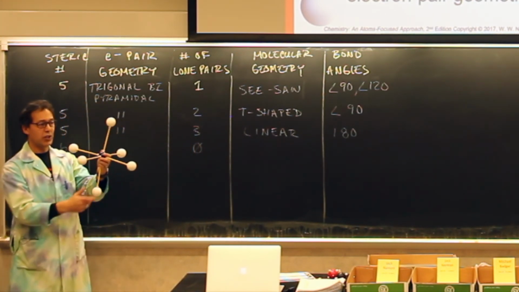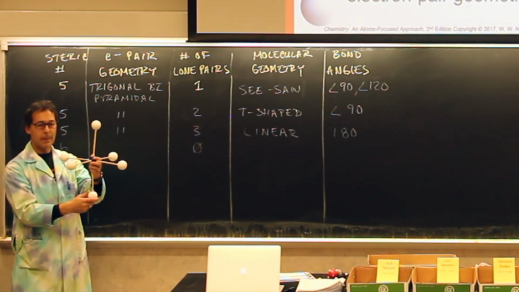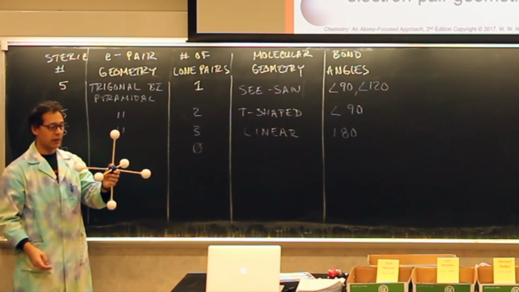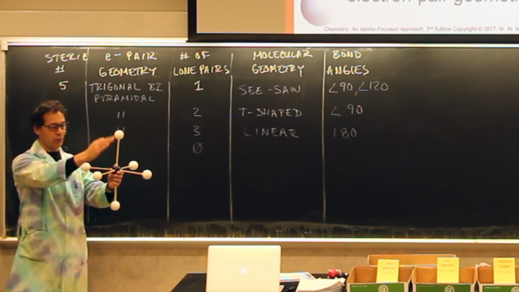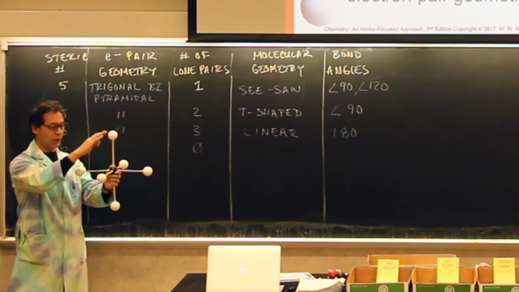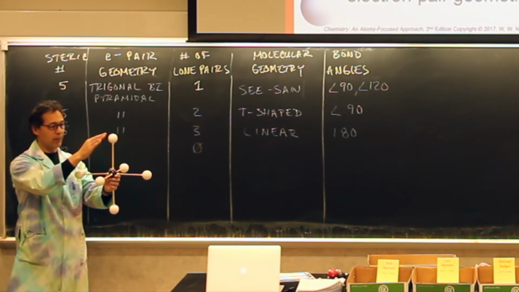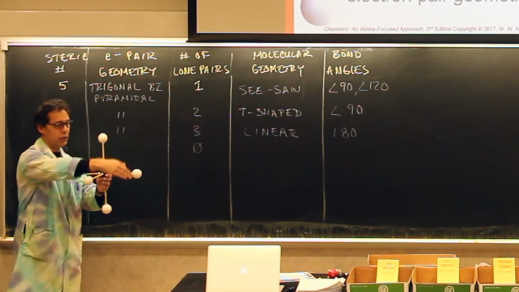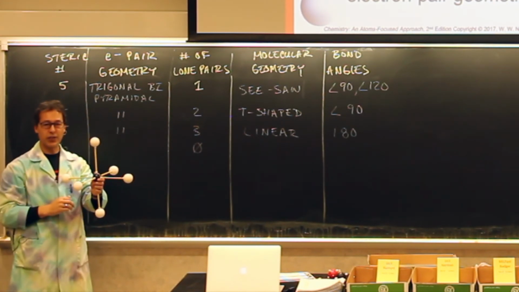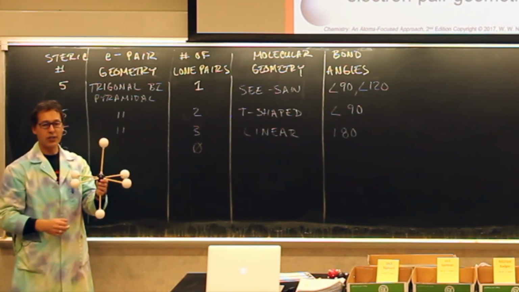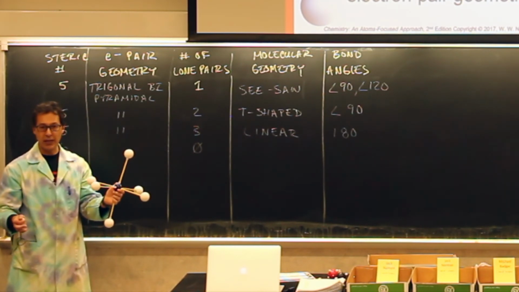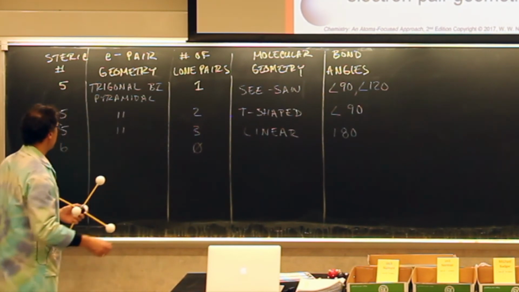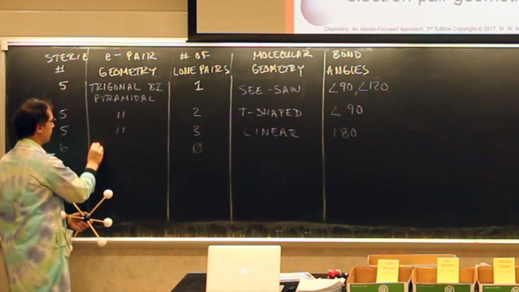Our electron pair geometry, if we were to imagine that these peripheral atoms were connected, you'd have a pyramid here with 1, 2, 3, 4 sides on the top, and then 4 sides on the bottom. And 4 and 4 makes 8. And so this one we would call octahedral.